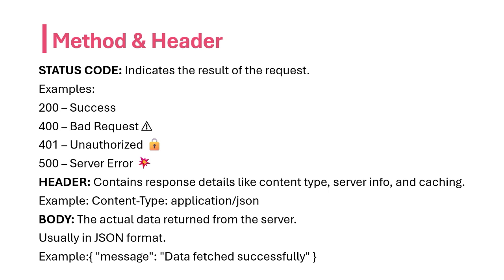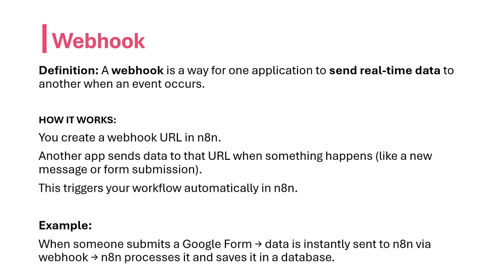Then we will see what a webhook is. Generally it is the inverse of an API, vice versa. Let's see its definition. A webhook is a way for one application to send real-time data to another when an event occurs.